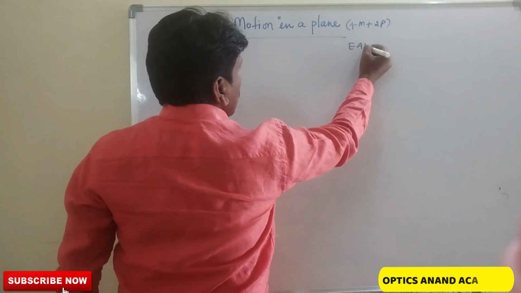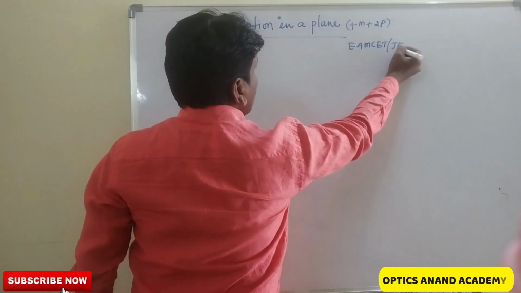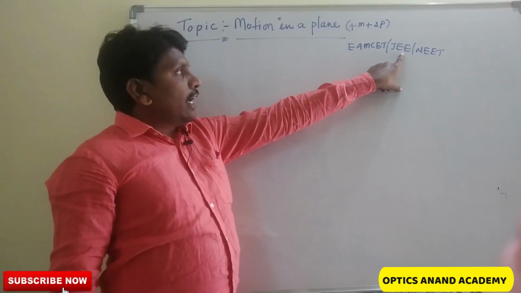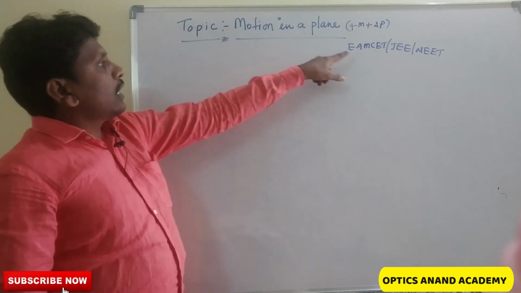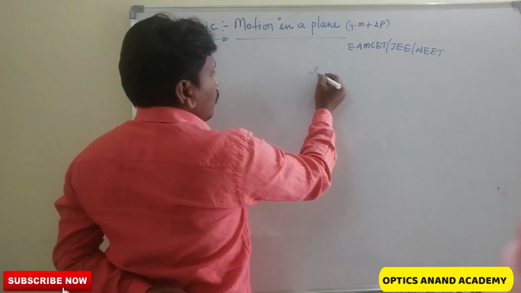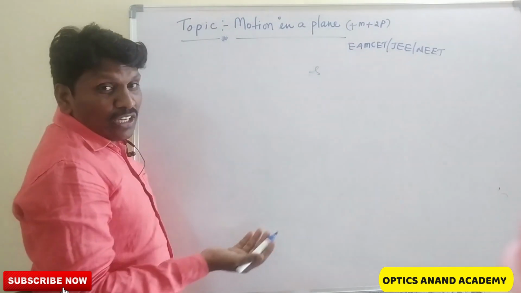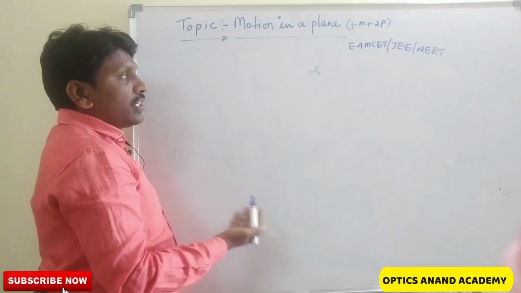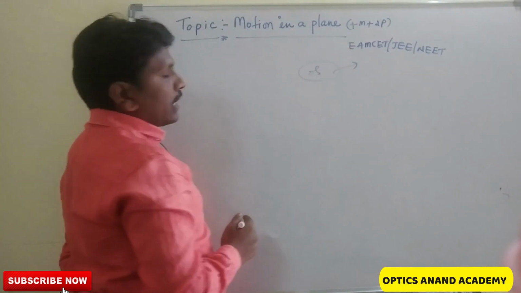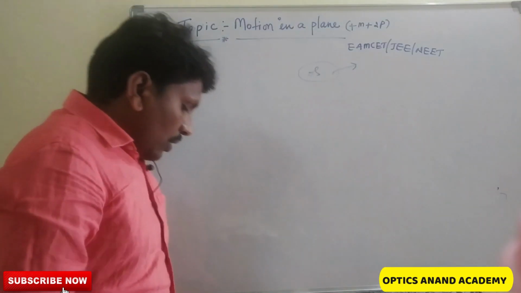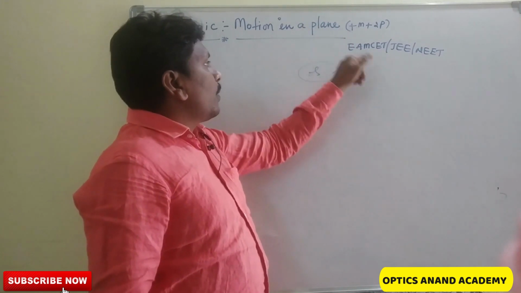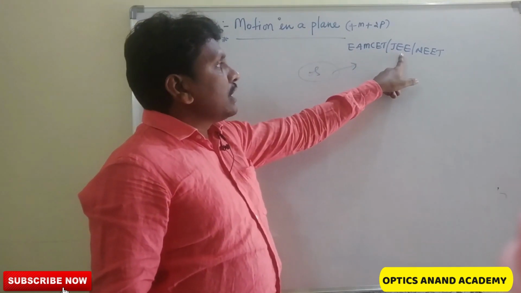EAMCET, JEE and NEET, for these examinations, a lot of questions will be covered from this motion in a plane, that is oblique projectile, addition of vectors, that is the triangle law of addition and parallelogram law of addition. From this many questions will appear, including the polygon law of addition. So different topics and concepts will be covered from this chapter for EAMCET, IIT JEE and NEET.